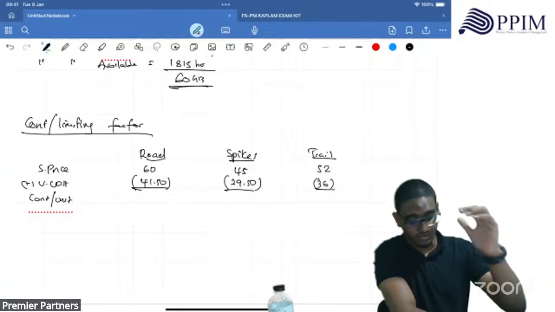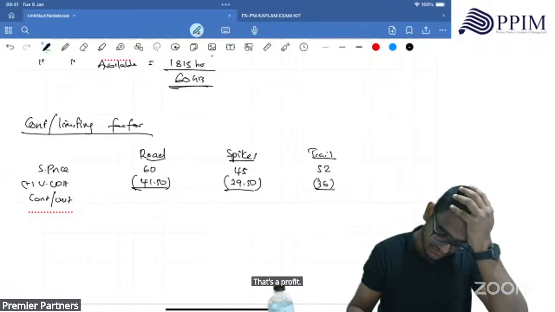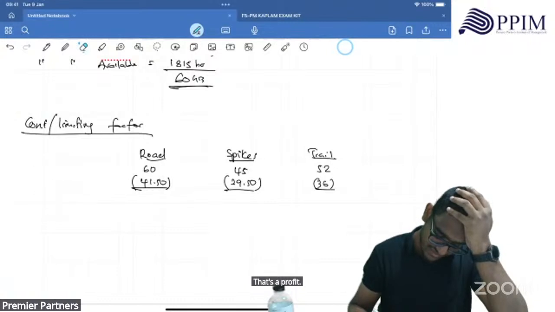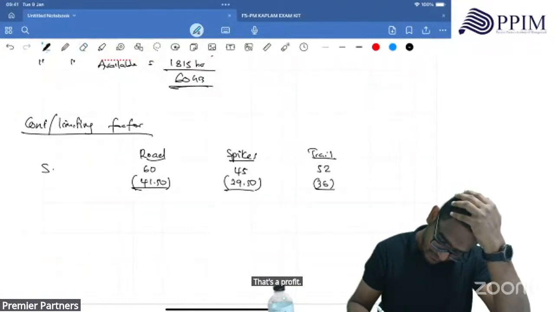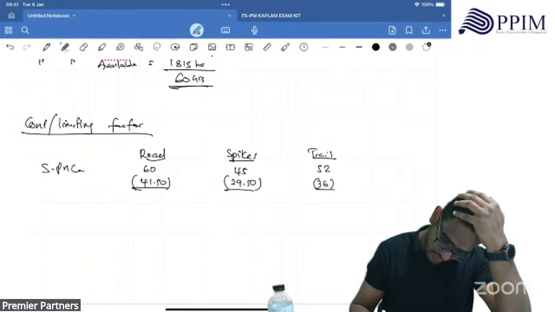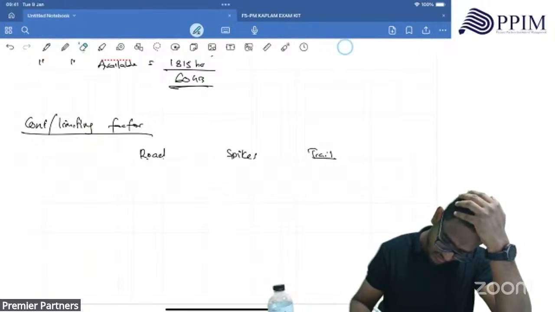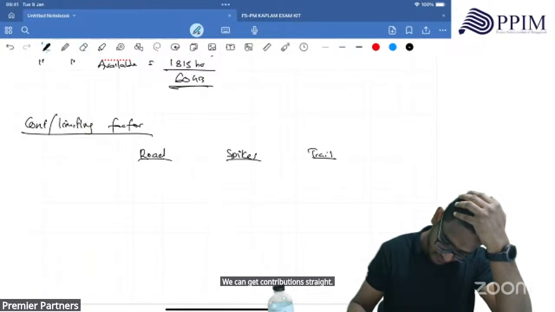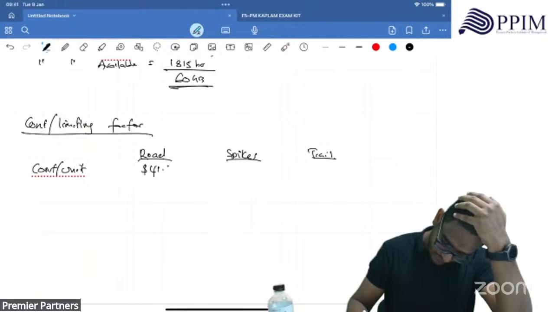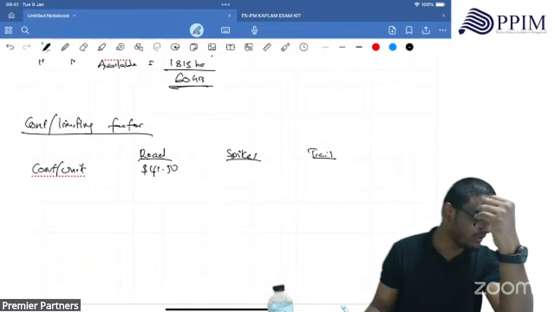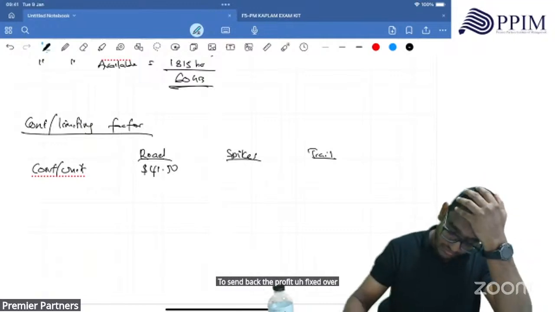Oh, sorry, that's the profit. We can calculate contribution straight, no? Just add back the profit, the fixed overheads, then you should get the profit contribution, right?